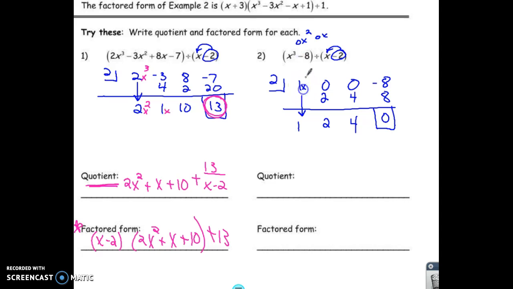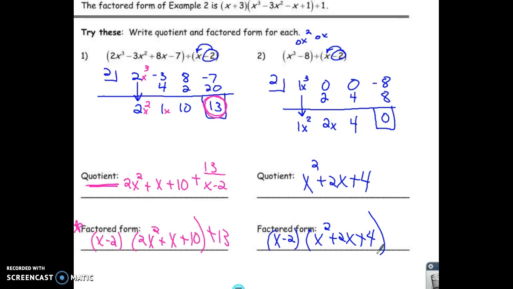Because this was x cubed, this now is x squared and x. All right, so that is our quotient of 1x squared plus 2x plus 4, remainder of 0. Factored form, we put down our divisor, x minus 2, then our quotient, x squared plus 2x plus 4.